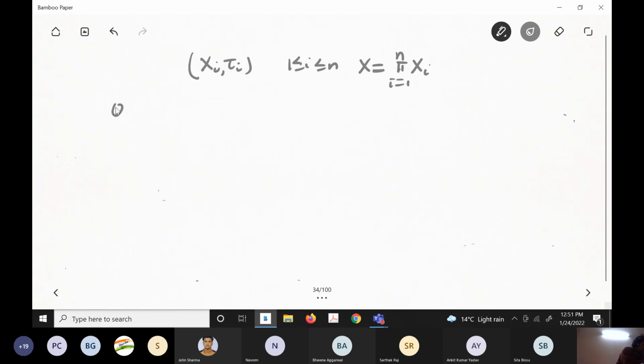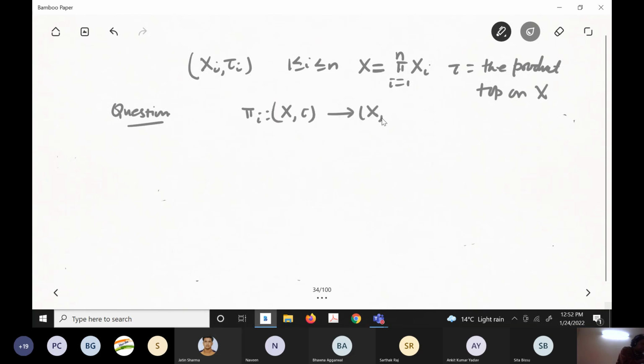First answer this specific question. So that you have these projections, and each projection is open and continuous.